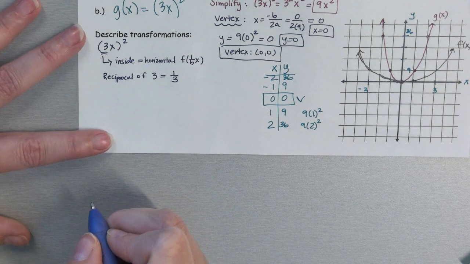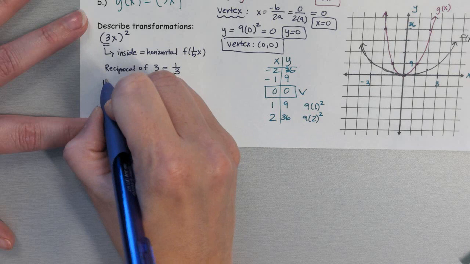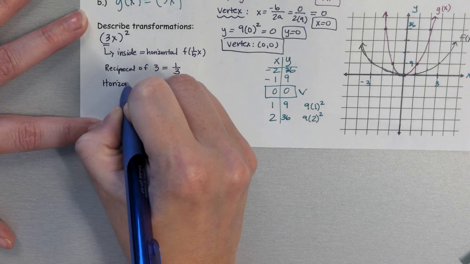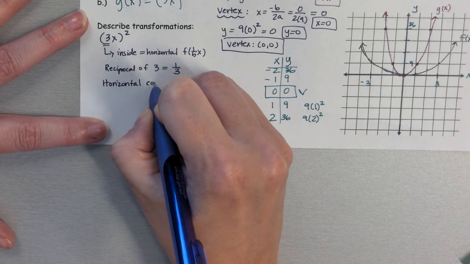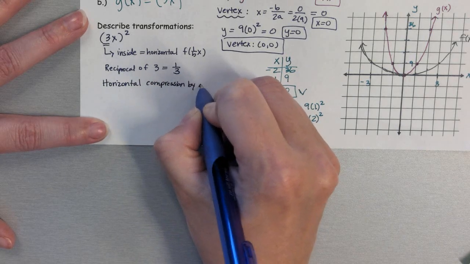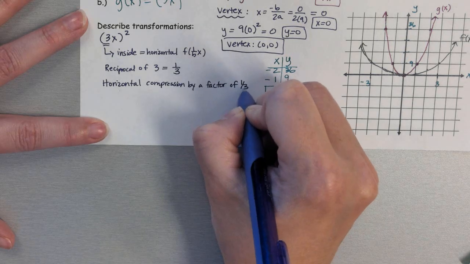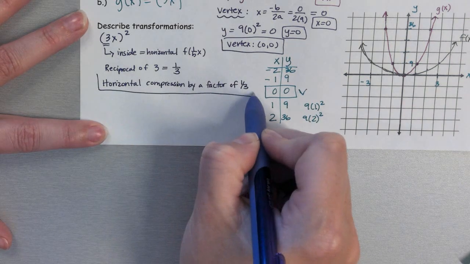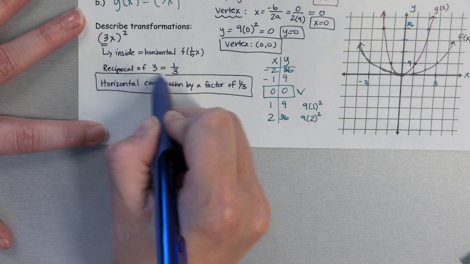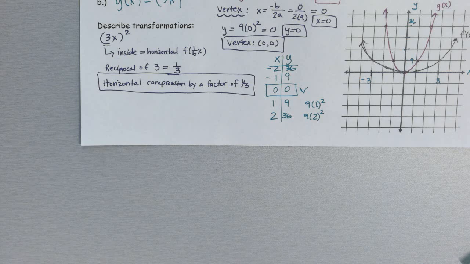Okay, so the first possible answer would be, you could have a horizontal compression by a factor of 1/3. This is your first possible answer. So if you wrote horizontal compression by a factor of 1/3, yes, that is correct.